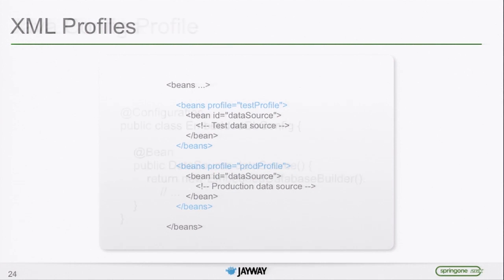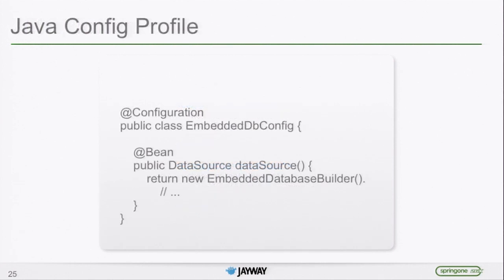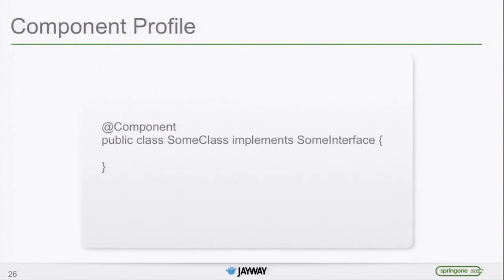If you use Java configuration, then on your configuration class, you can use the profile annotation, which you give the name of the profile. You can also, for individual components, just add a profile annotation with the name of the profile. And this also applies to whatever service, controller or repository annotation that you have. So that is how you specify which beans belong to a certain profile.